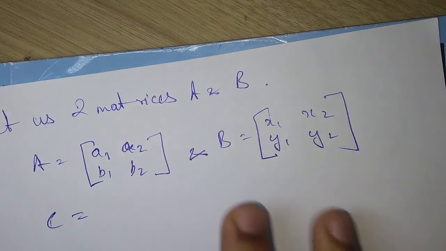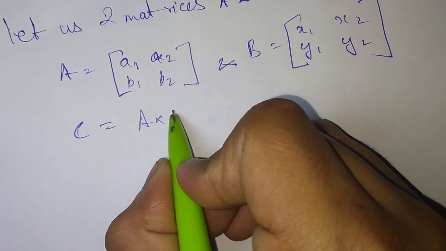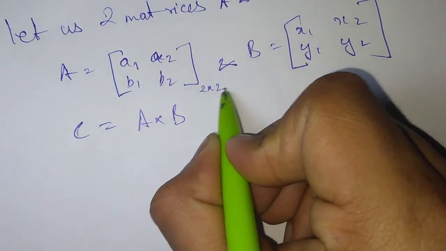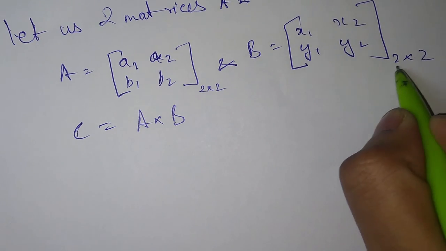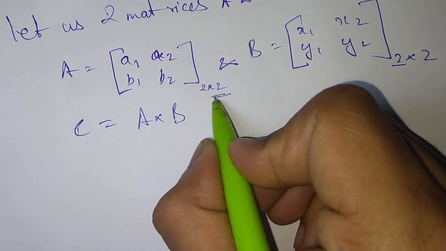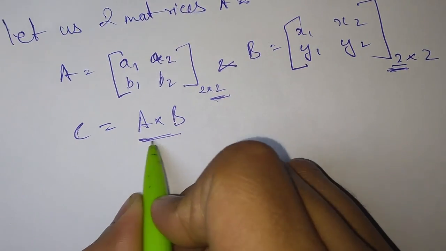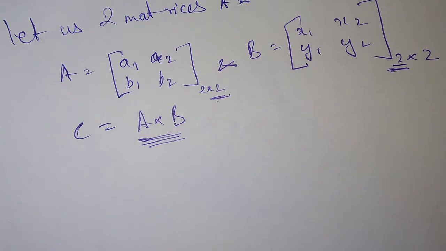Let C be another matrix which is the product of these two matrices. As the number of columns in A is equal to number of rows in B, we know that A into B is defined multiplication.